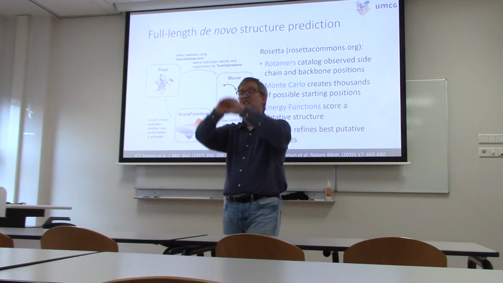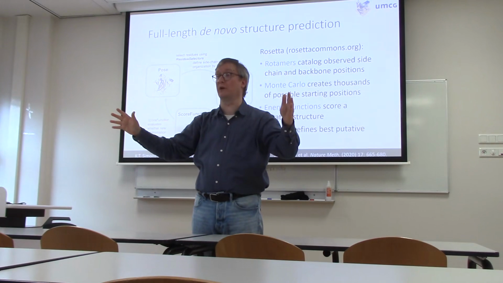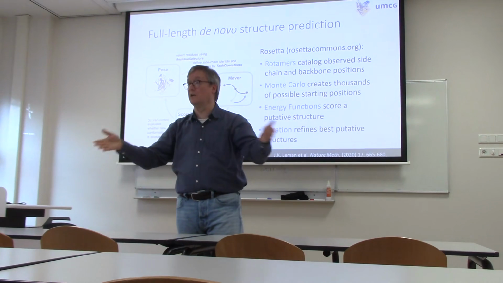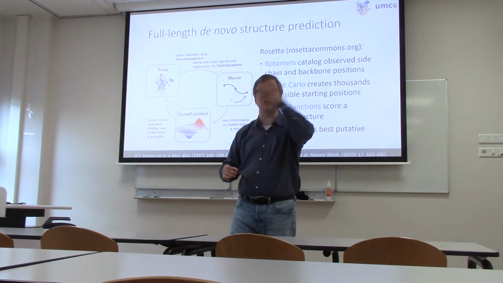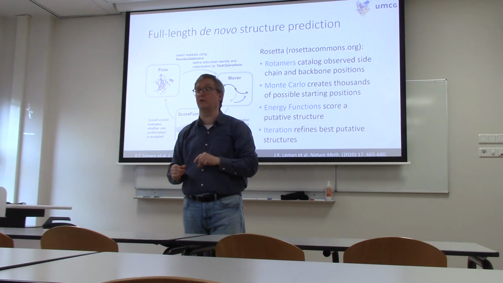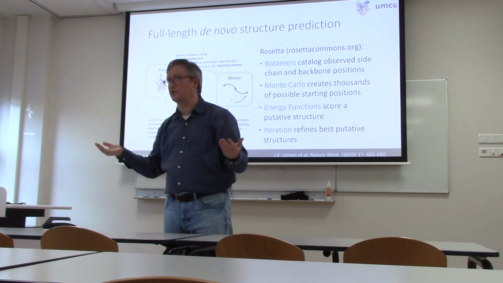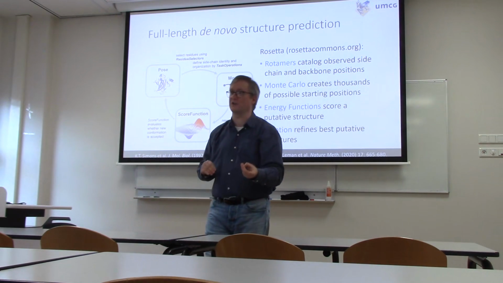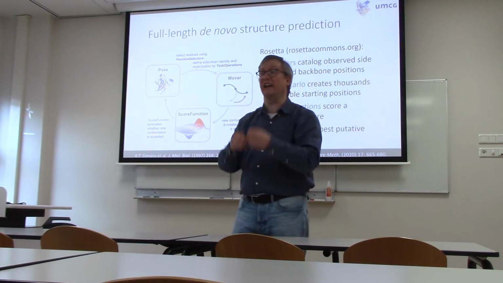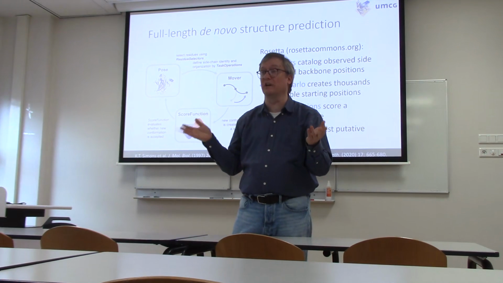We might try 10,000 possible starting points for this particular protein structure and give each of them to a different processor on a different node and ask it, how well does that refine out? What's the Gibbs free energy associated with that particular structure? Now, are any of those 10,000 going to be exactly right?